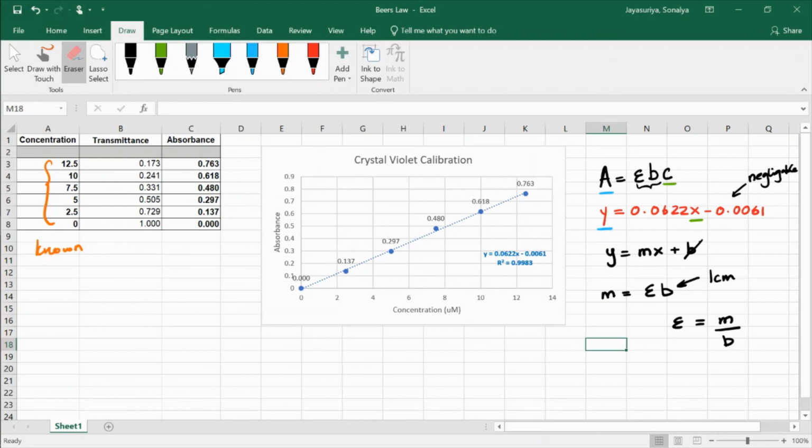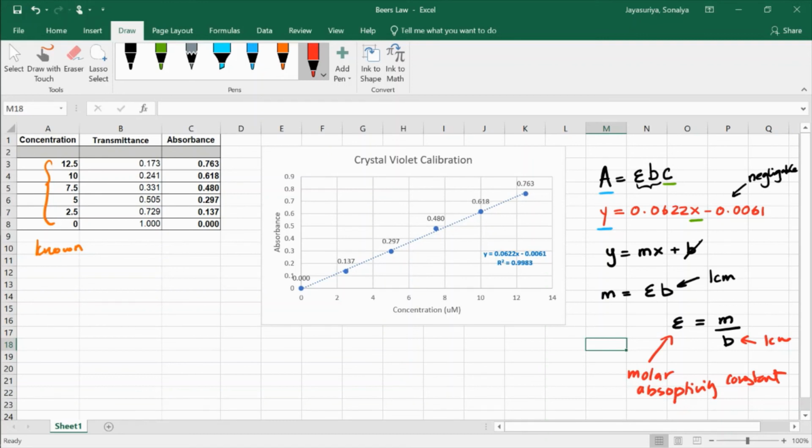Now, we know by this that epsilon, our molar absorptivity constant, is equal to the slope over the path length. The path length is always 1 centimeter. So all done, epsilon is equal to the slope, okay?